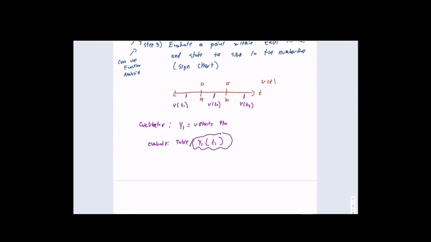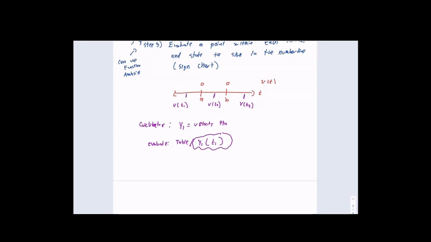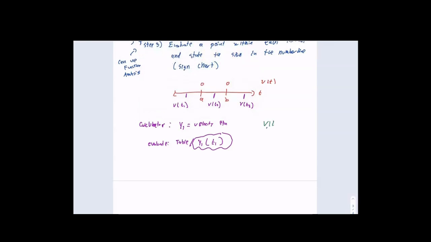So once you've done that, you will then have an answer. Let's say you get v of t1 is equal to 6, v of t2 is equal to 8, and v of t3 is equal to negative 5. Let's say you got that.